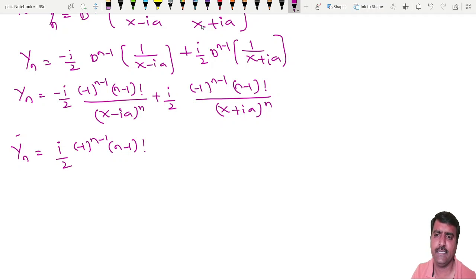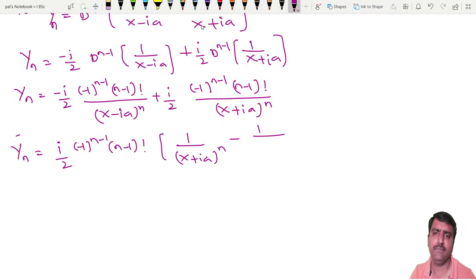Then first you write the positive term. The positive term is 1 by x plus ia to the power n, minus the negative term, 1 by x minus ia to the power n.